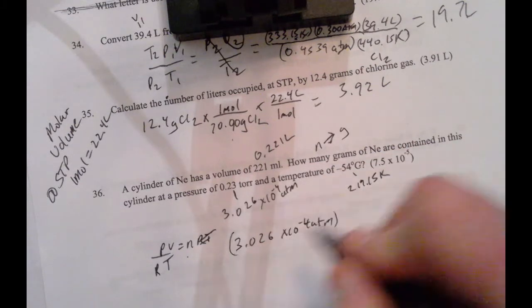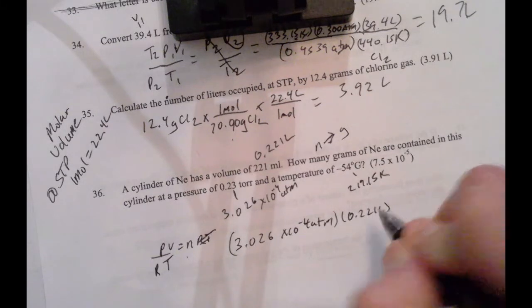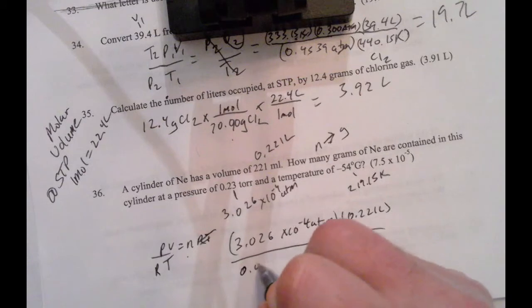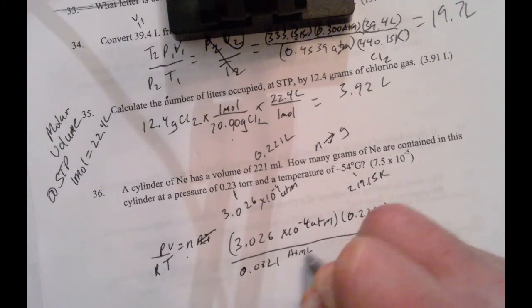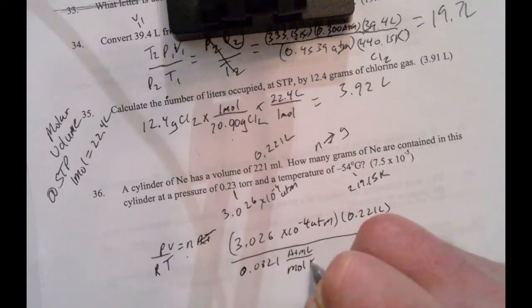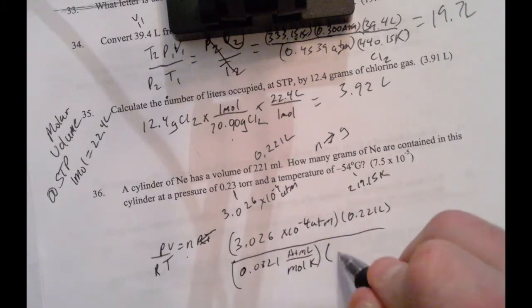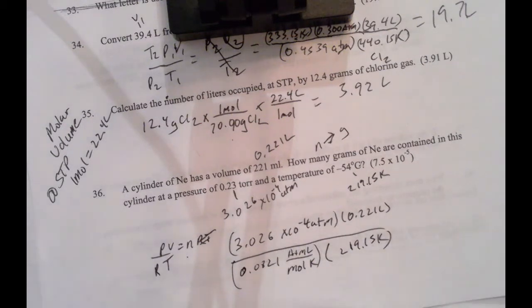Our volume is 0.221 liters. Our R constant, because this is an atmosphere, is 0.0821 atmosphere liters per mole Kelvin. And our temperature is 219.15 Kelvin.